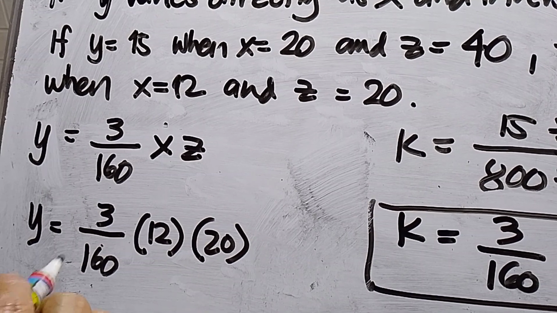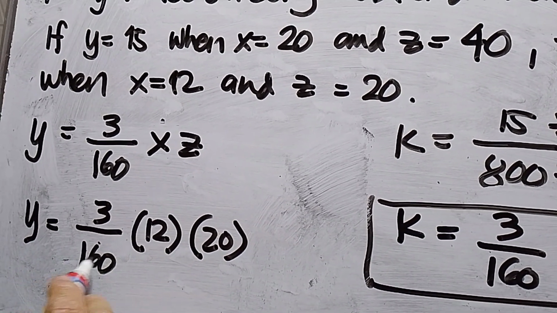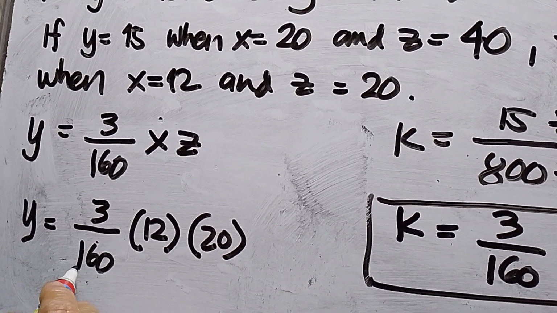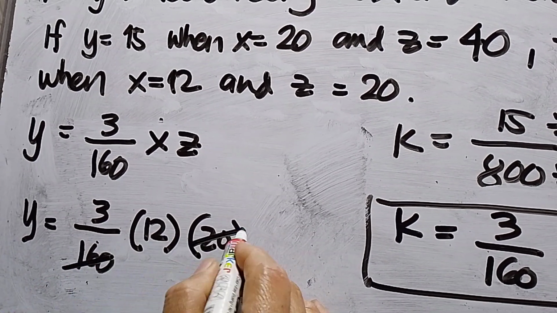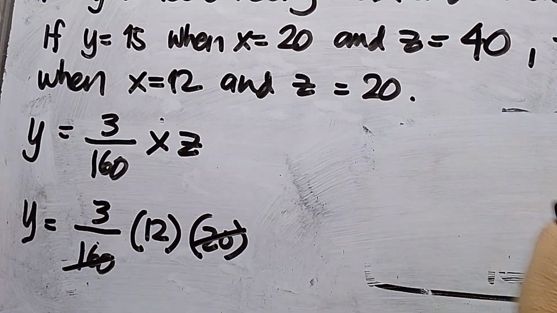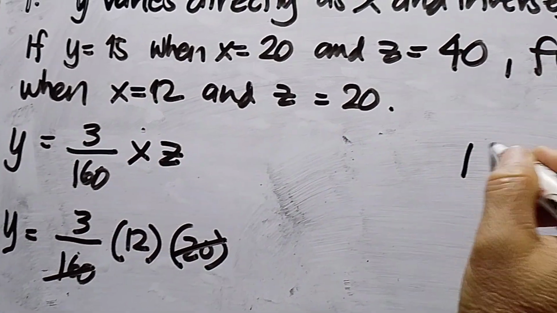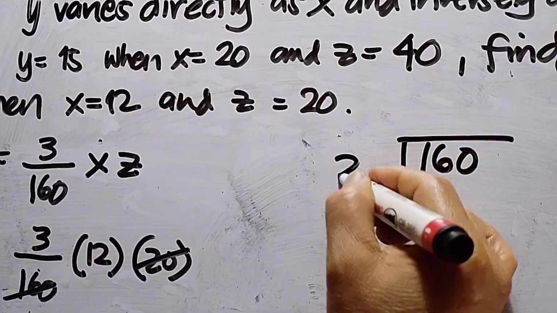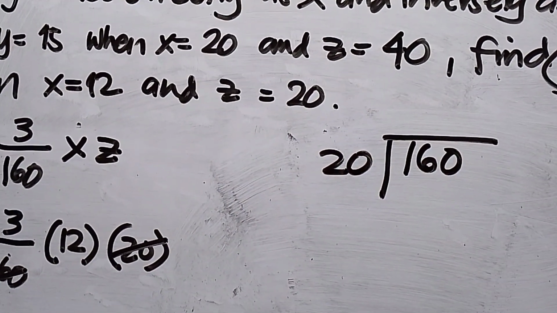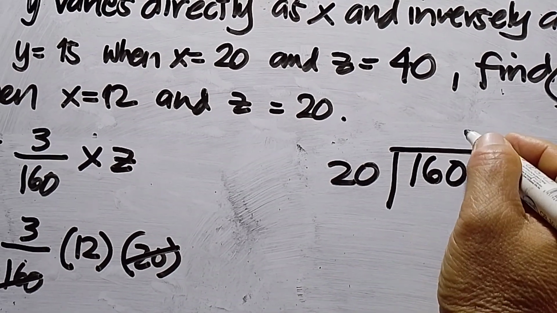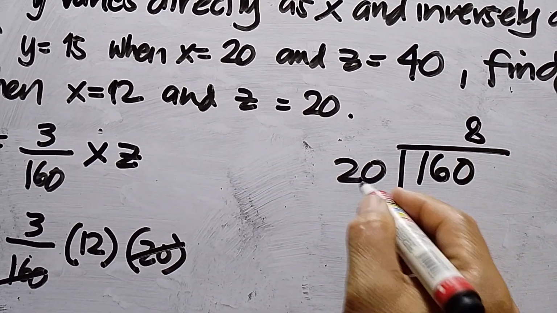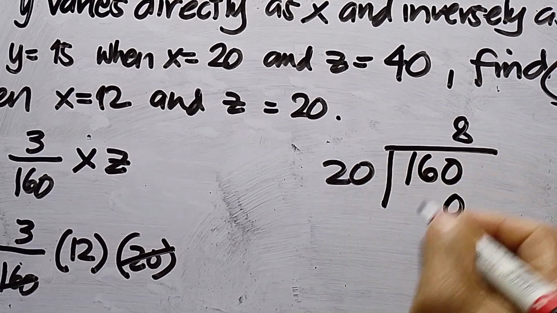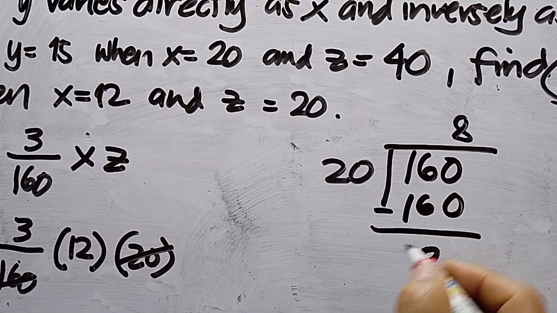So this is how to solve it: 160 divided by 20 is 8, because 16 take away 16 is 0.